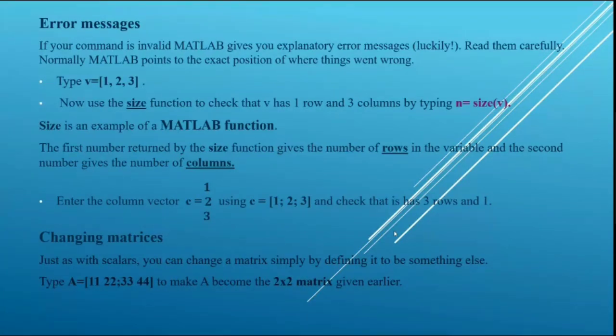Now, changing of matrices. Just as with scalars, we can also change a matrix simply by defining it to be something else. We already unsuccessfully tried this when we tried to change A. Let's type A here. For example, the matrix A, we have the elements 11, 22, 33, and 44, to make A become a 2 by 2 matrix.